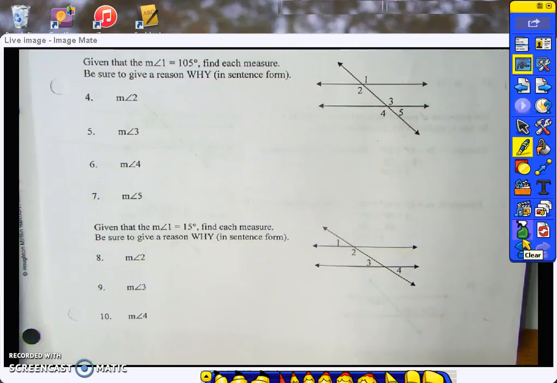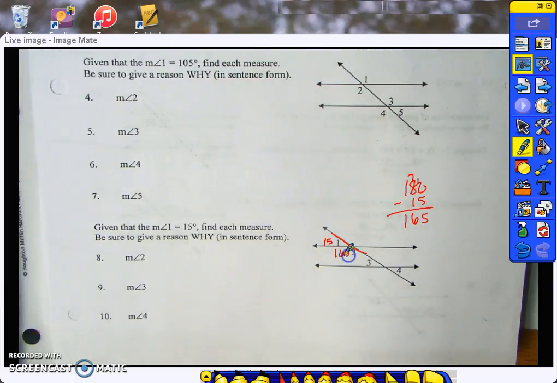Given that the measure of angle 1 is 15 degrees, find each measure. 1 is 15. 1 and 2 form a linear pair. That's 180 minus 15 because they equal 180 if they form a line.